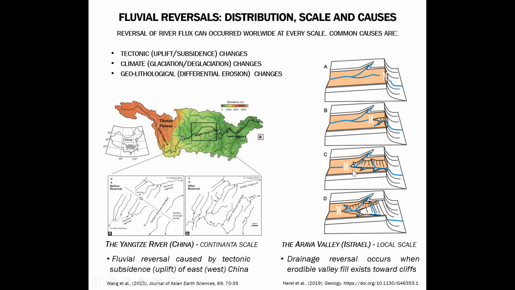Whatever the reason, river reversal responds to one or more changes at the Earth's surface. So studying the reversal of a river represents an interesting way to investigate the nature of these changes.